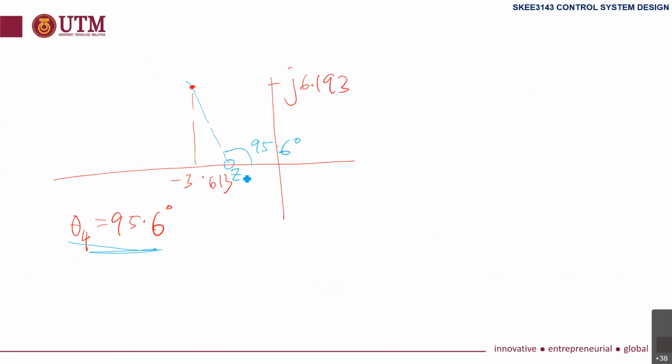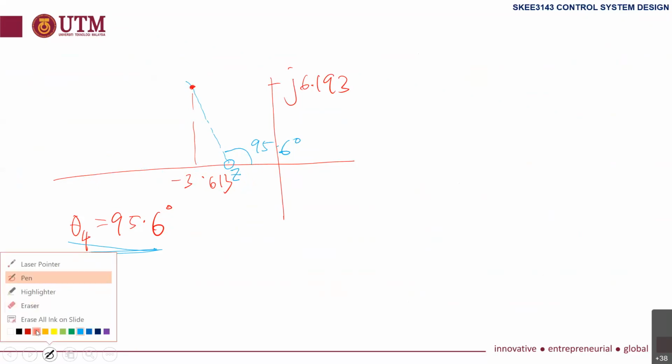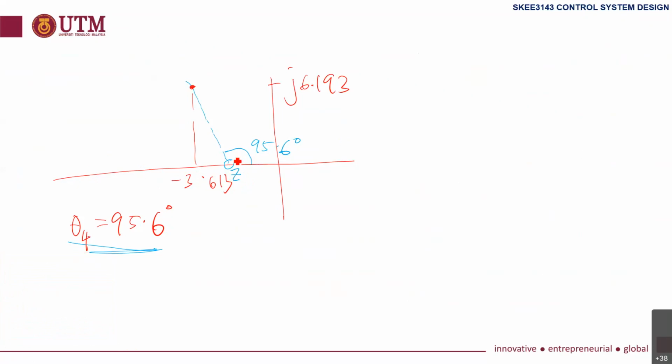Now we want to find the exact location of Z. So we know this is 95.6, here is 84.4 degrees. And here is 6.193. Here is x, the distance here.